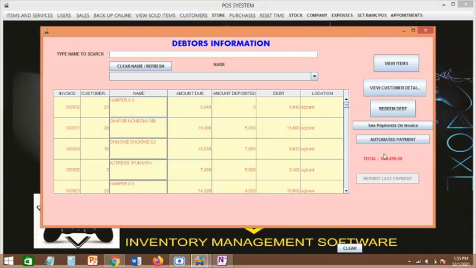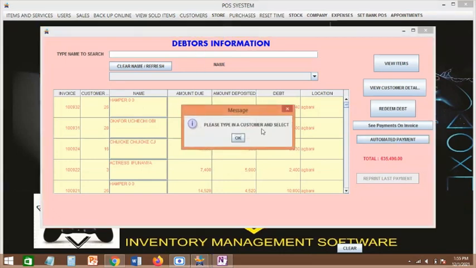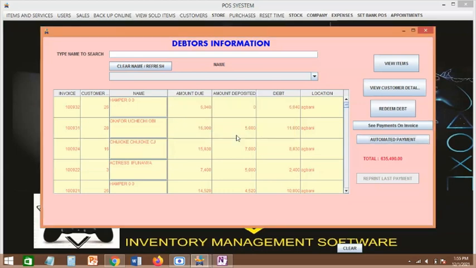Now, still on view unpaid sales, still on making payment. Someone can use automated payment. When you use automated payment, it means that you just want to pay. Maybe someone might have had 6 transactions with you and it has 6 different invoices. Now the person wants to pay.